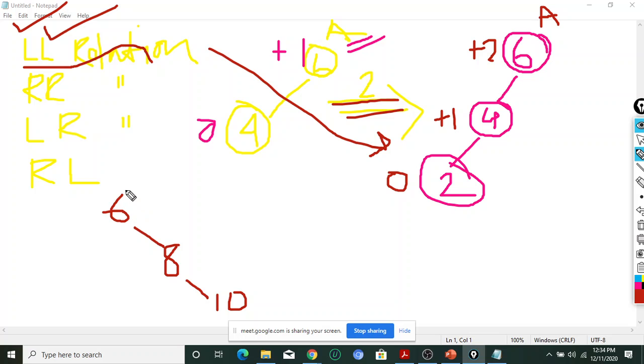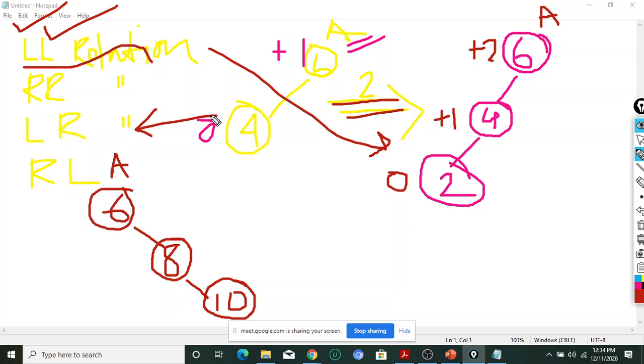So inserted node in the right subtree. Is it left subtree or right subtree? Right subtree, right of the node A. Yes, 10 is inserted in the right subtree, not the left subtree. So this is also right of the node A. Try to understand, and you will make it clear from this picture also.